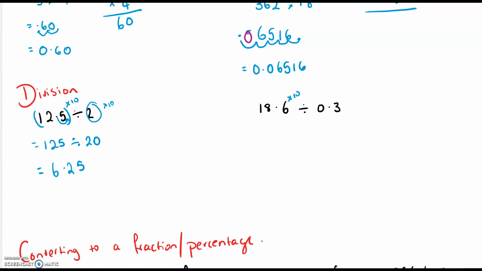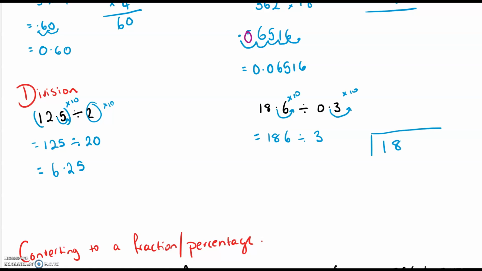Next one again, we've got 18.6 divided by 0.3. So again, we're going to times both of these by 10 to make them into whole numbers. So now this one, we've moved that decimal point 1 spot, so it's become 186. And this second one, we're going to move that decimal point 1 space as well, so that's going to become 3. Okay, just the number 3. Perfect, so this one won't take too long, so we will actually do our full division.